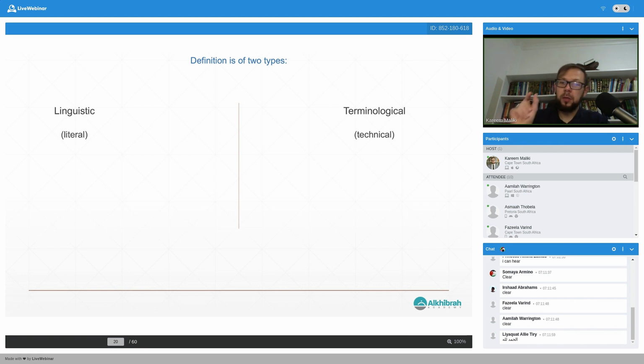But then you have terminological definition. And terminological means how this word is used in a specific context. Because in different branches, different disciplines, different sciences, a word can have different meanings.